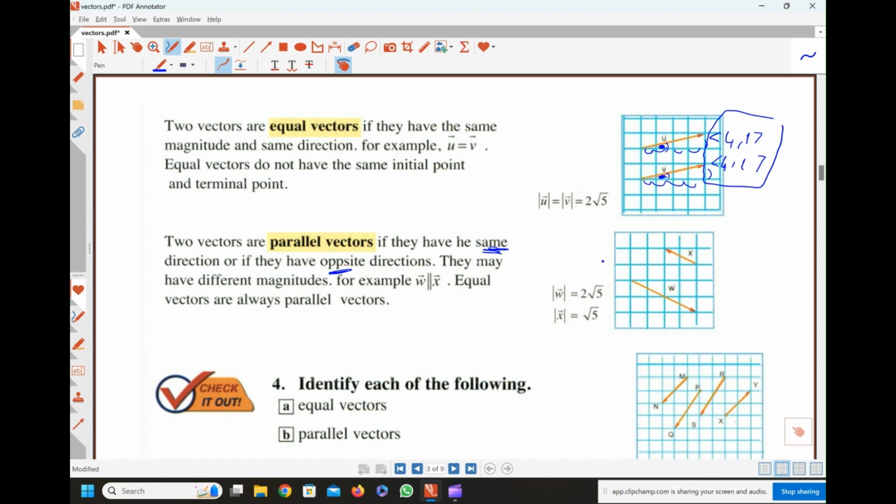So how do we figure out if two vectors are parallel? Again, we can write both of them in component form and see if the trigonometric ratios are the same. So let's write vector x in component form. How many units should you go to the left to get to the terminal point? 2 units to the left. So it's negative 2, since you are moving in the negative x direction. And you go 1 unit up.